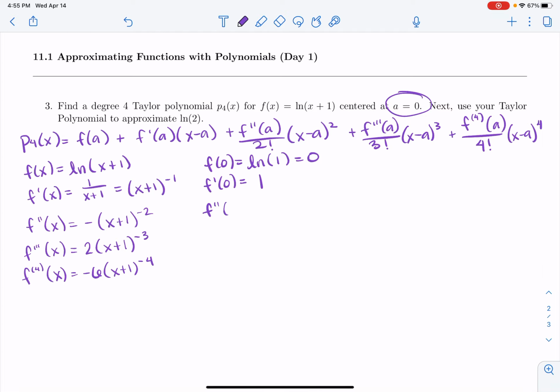So f double prime of 0 is equal to minus 1 times 1. F triple prime of 0 is equal to 2 times 1. And f fourth derivative of 0 is equal to minus 6 times 1. So there are our coefficients.